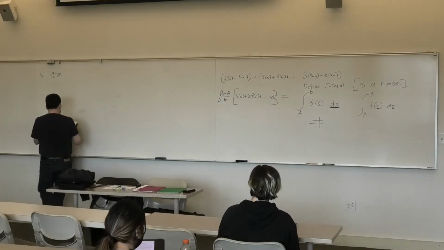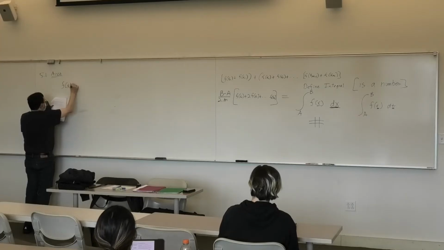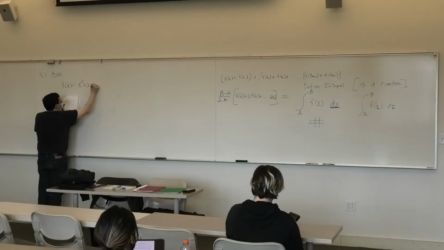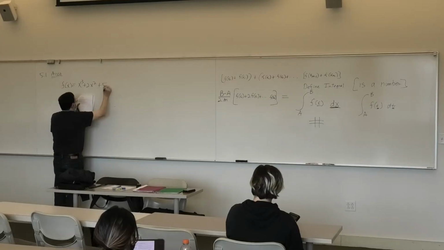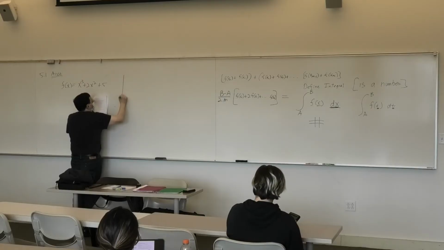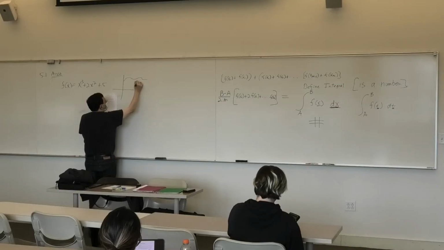We're just going to do an example here. F of x equals x cubed plus 2x squared plus 5. And we want to know the area below this curve, whatever it looks like, between 0 and 5.